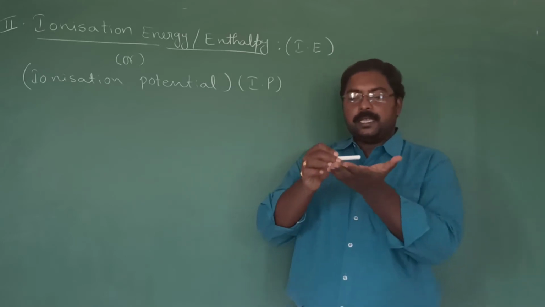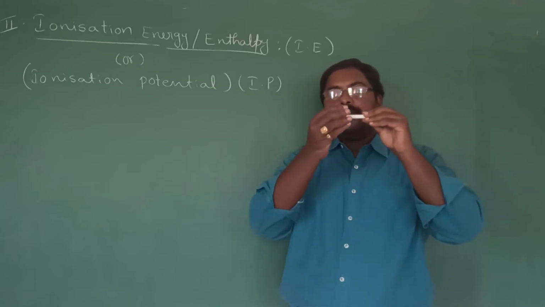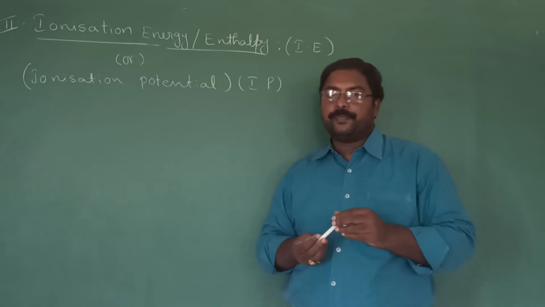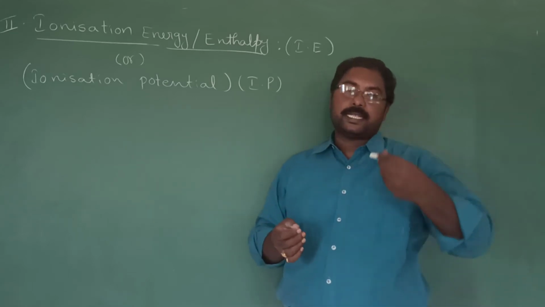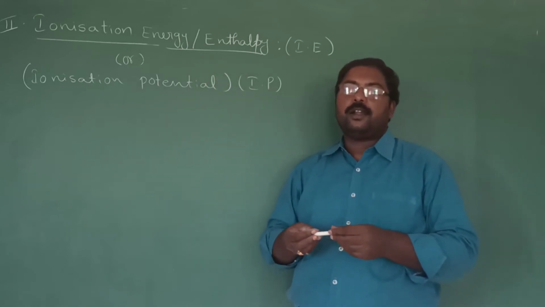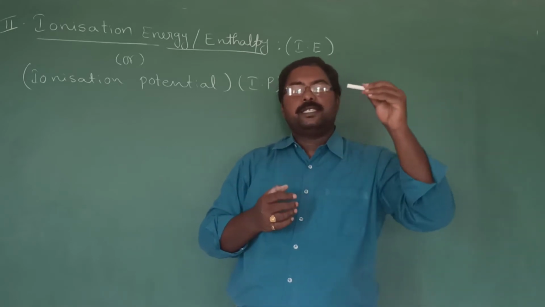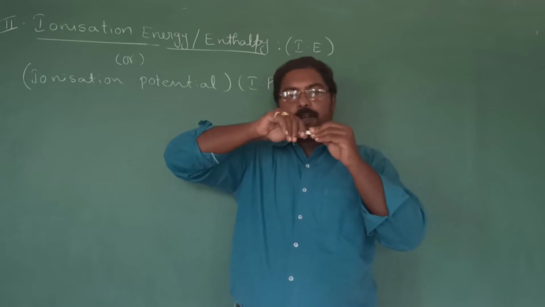Because if you place an electron in the outermost orbit, definitely to take it, practically we know it requires some energy, right? When it requires more energy or less energy depends on many factors, correct or not? Because while taking the chalk from this hand, if this hand holds the chalk strongly, how can I take it easily?